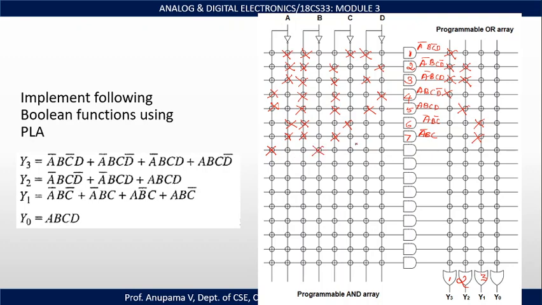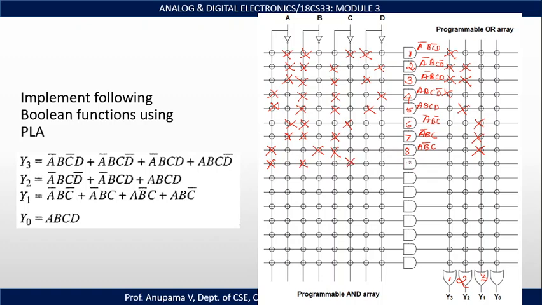And C of AND gate 8. So the output of the AND gate is A B bar C. So in the third line of OR array and output 8 of AND gate, draw X mark. So the last term in Y1 is A, B and C bar.